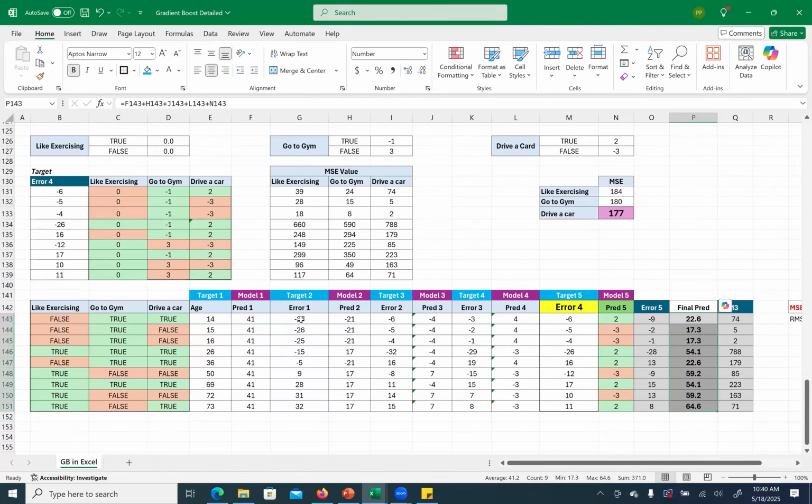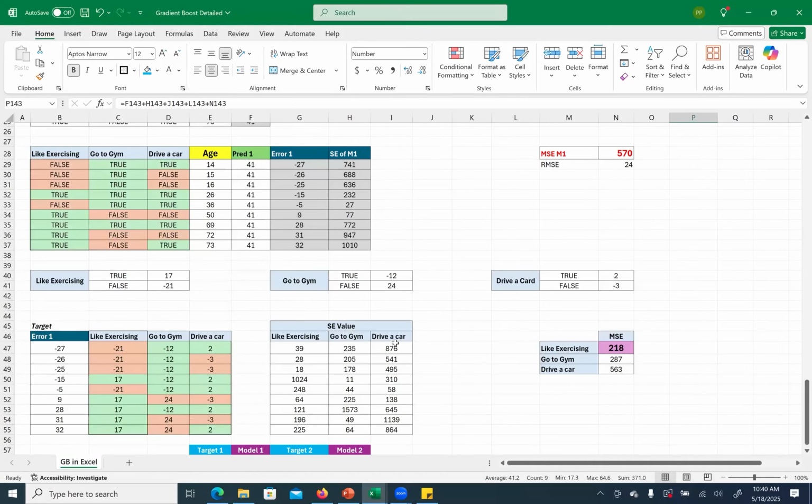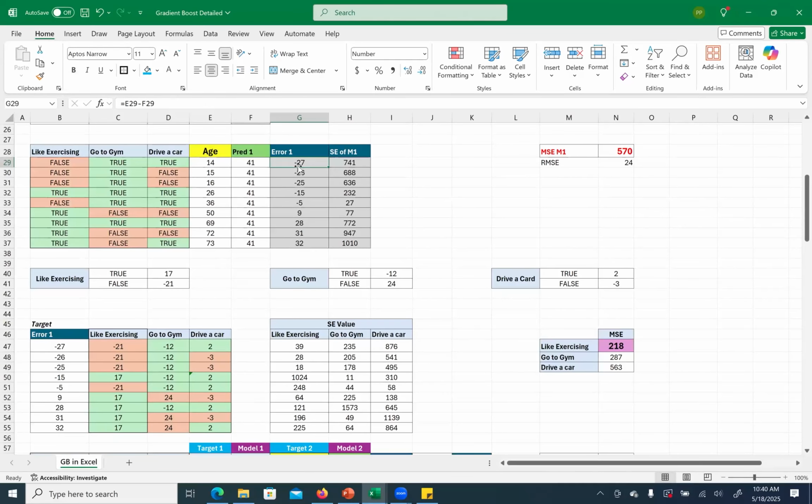Yeah, Puneet, what is that learning rate? Learning rate is nothing but when you calculate the error, whenever we calculate the error, you just multiply it with a number between 0 and 1. You choose a number between 0 and 1.